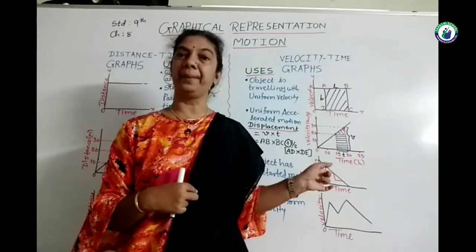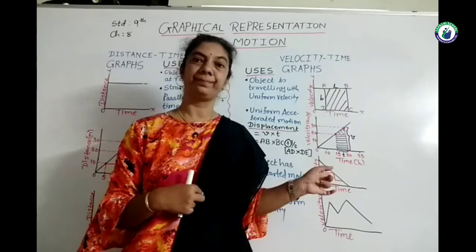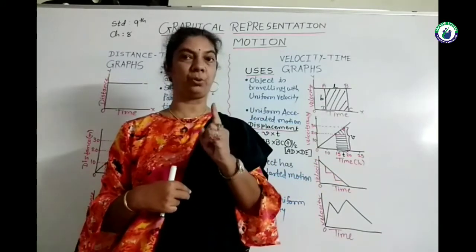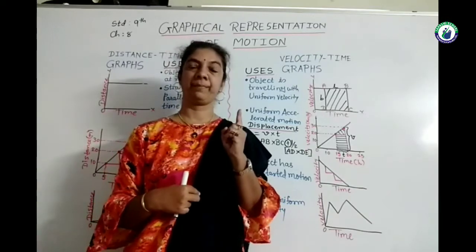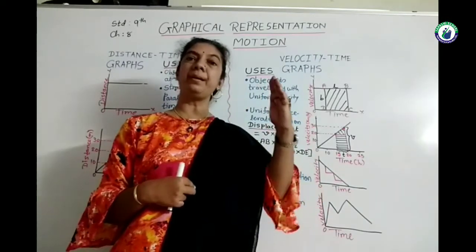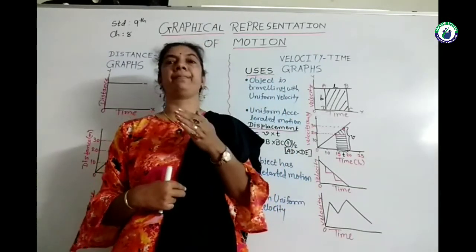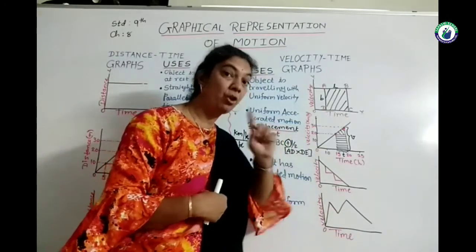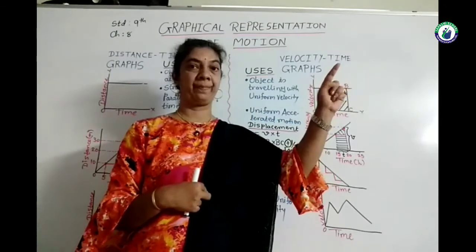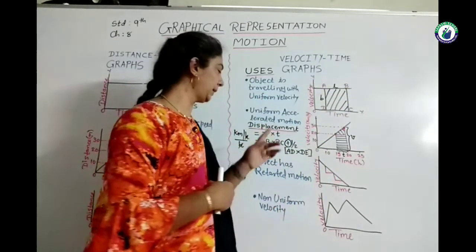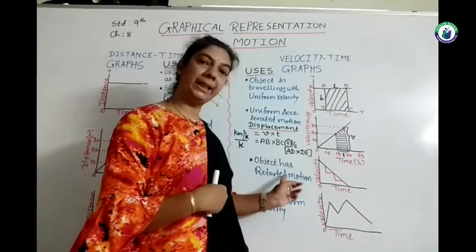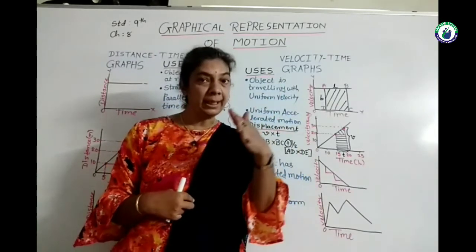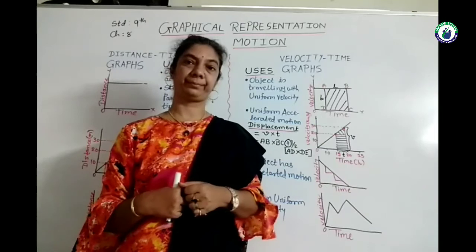Practically, whenever we apply the brakes to a vehicle or the speed is decreasing, in that situation the graph will go downward, not upward. That's why the analysis is that the object has retarded motion, meaning with time the velocity is decreasing.